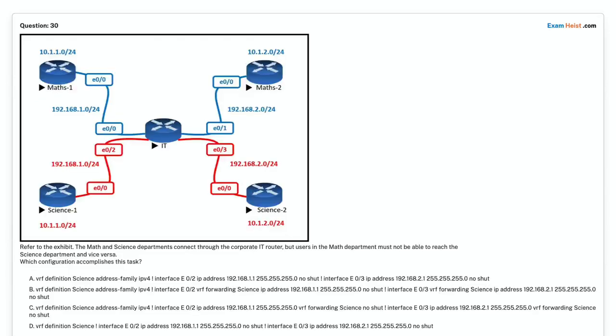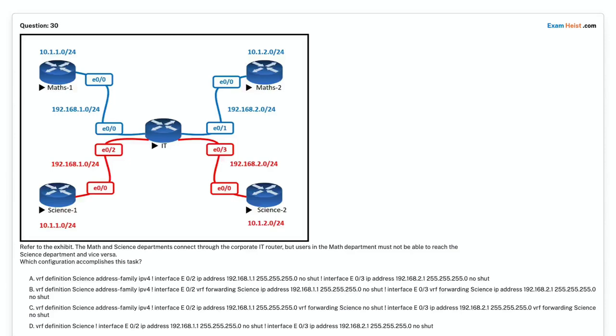Question 30. Refer to the exhibit. The Math and Science departments connect through the corporate IT router, but users in the Math department must not be able to reach the Science department and vice versa. Which configuration accomplishes this task? Option A. VRF definition Science, address-family ipv4.